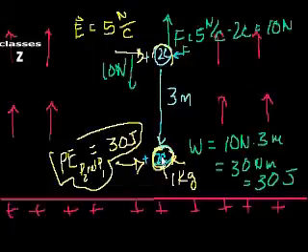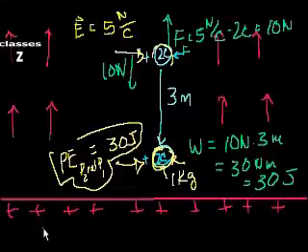So we know that the electric field is going to accelerate it upwards, right? It's going to exert an upward force of 5 newtons per coulomb, and the thing's going to keep accelerating until it gets to this point, right? What's its velocity going to be at that point? Well, all of this electrical potential energy is going to be converted to kinetic energy.